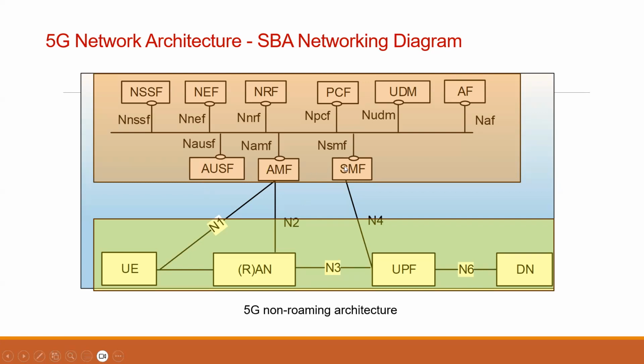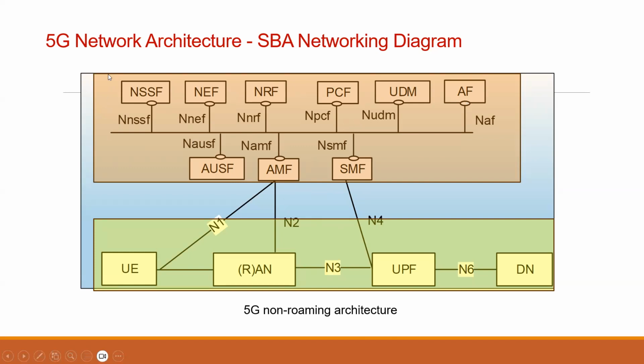So in the signaling plane, you have access management function, authentication service function, session management function, slice selection function, exposure function, network repository function, the policy control function, the unified data management, and the application function.